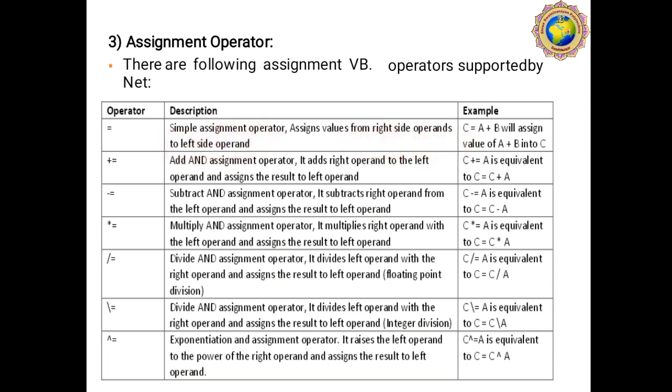So C = A + B means A and B are added and the result is stored in another variable C. This is known as the assignment operator, using the equals symbol.